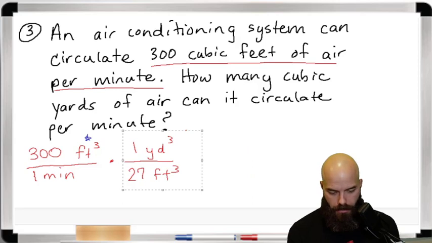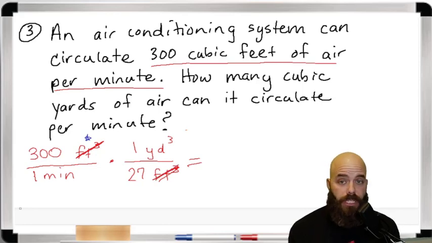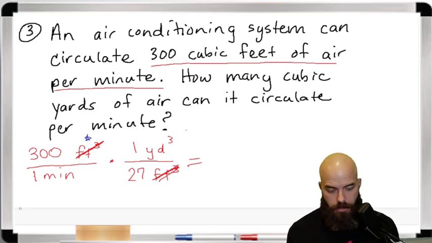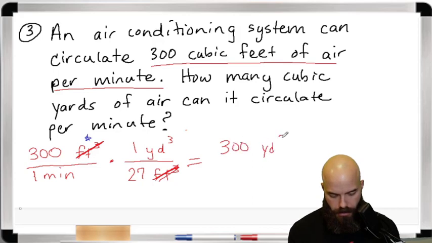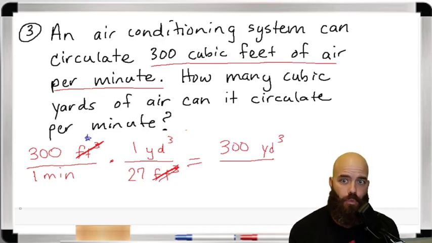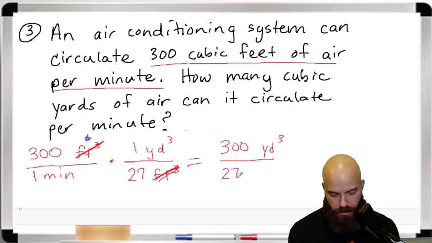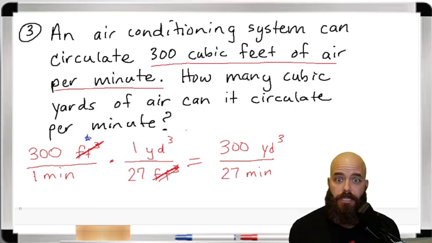And now we can answer this problem. My feet cubed units will cancel out. I have 300 cubic yards over 27 times 1 minute. So 27 minutes. Now we'll actually go to our calculator. 300 divided by 27.